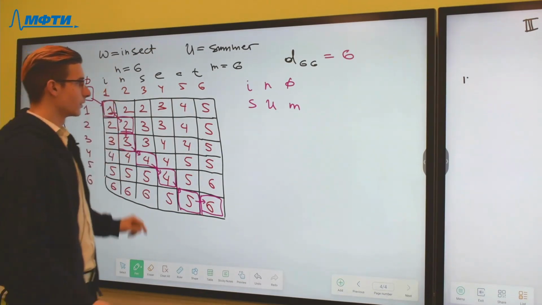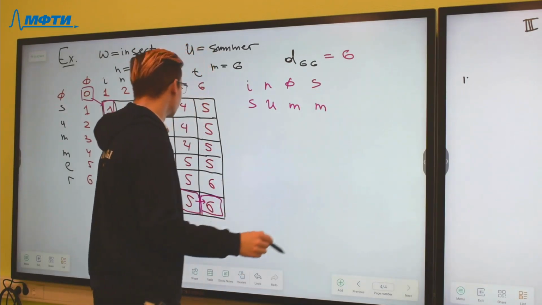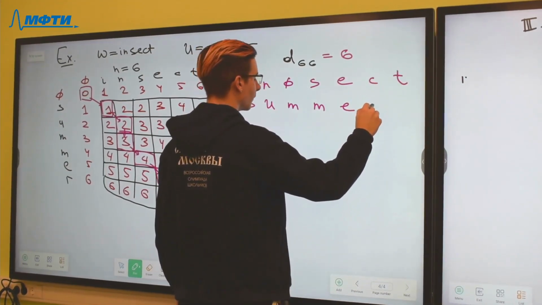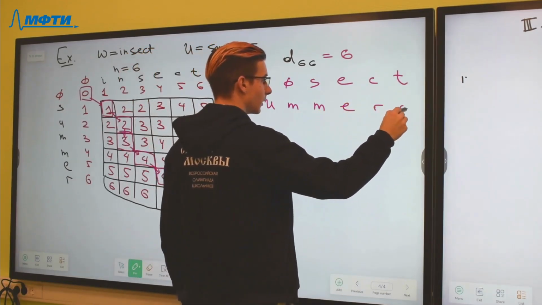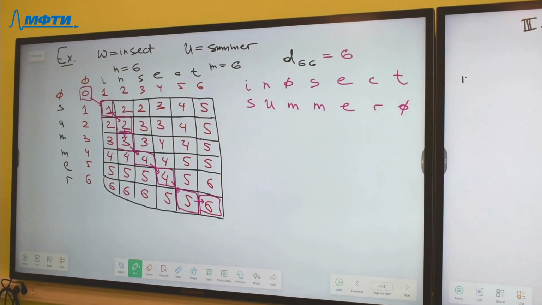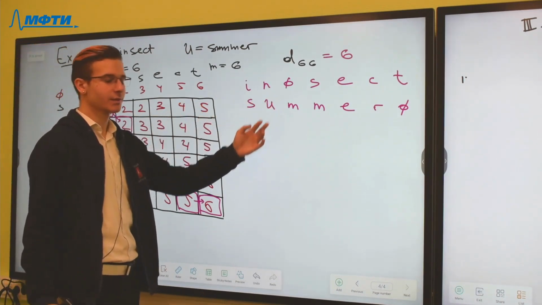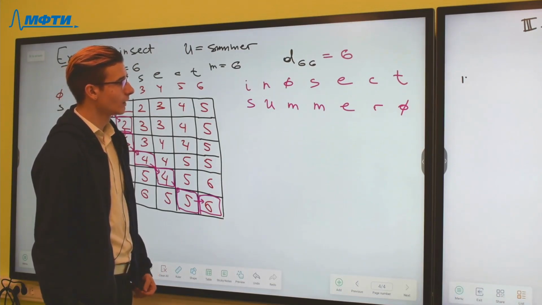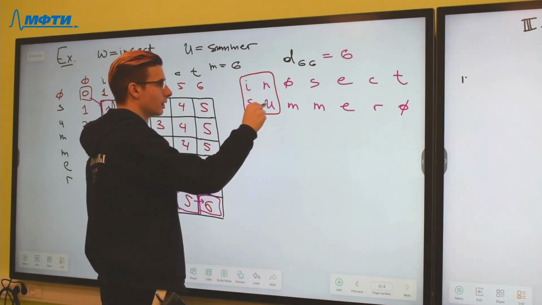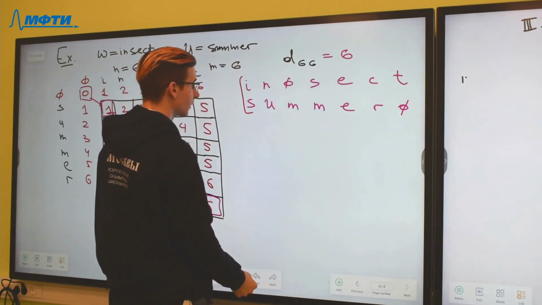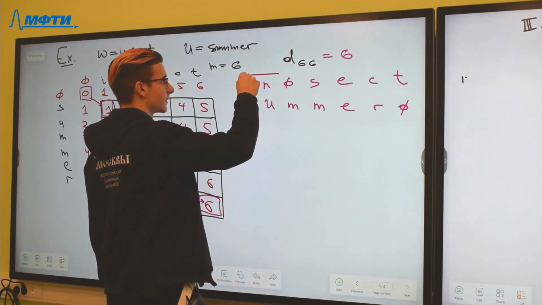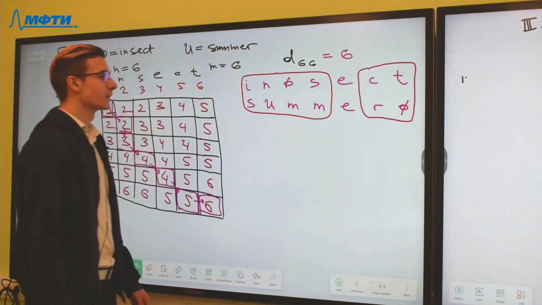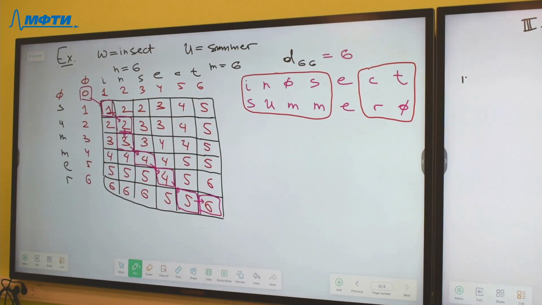Then I write both characters. And here I write R. And you see, for example, here we add empty characters for both of the words, and places where there is a difference are these places, and it is equal to 6, 2.